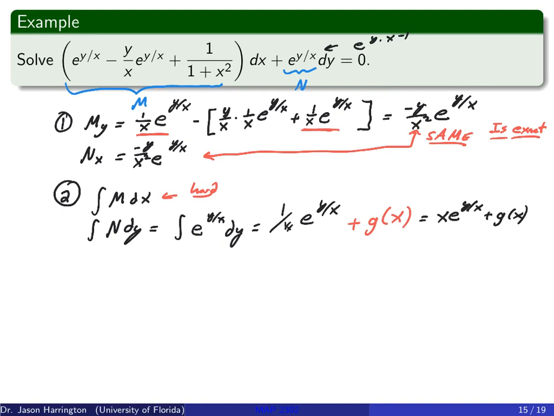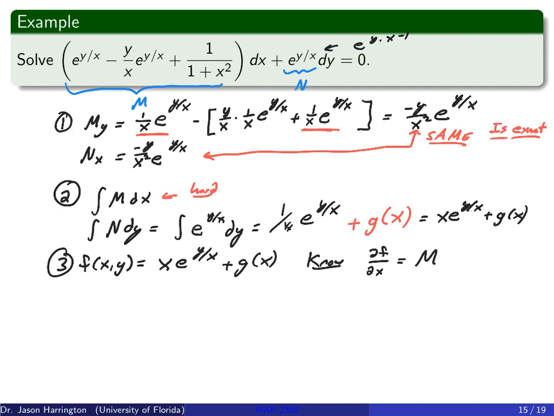So let's do this. So now we know that f of x comma y is going to be x e to the y divided by x plus g of x. And I also know that if I were to take the partial of f with respect to x, I should get M. So let's try it out.